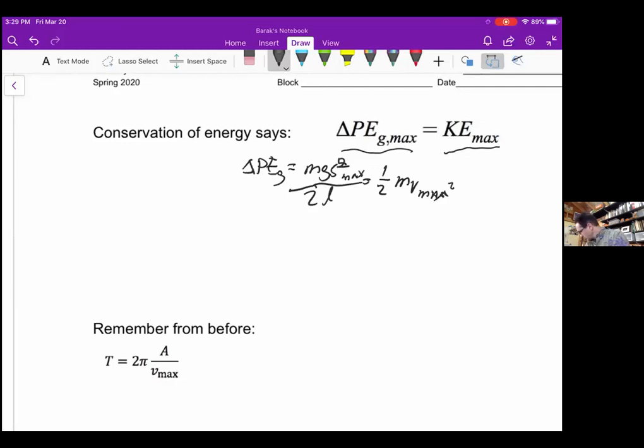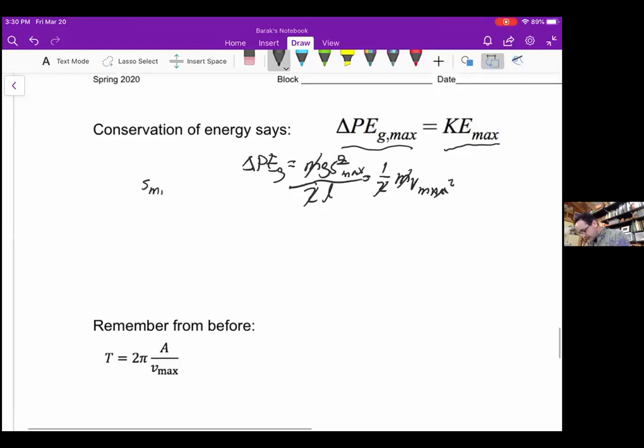All right. Let's go ahead and cancel some of these things out. So we have 2 in the denominator, both sides. We have m, both of those. Oh, and one other thing we know is that S max is actually just the amplitude of the swing. So what do we have?